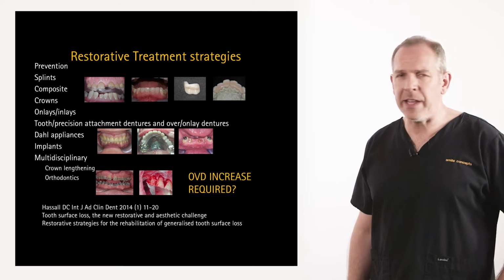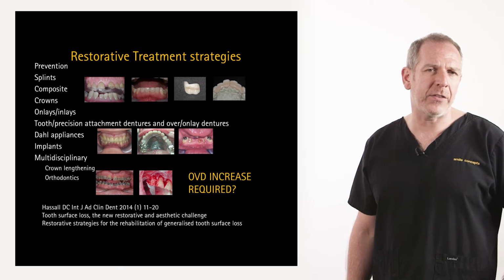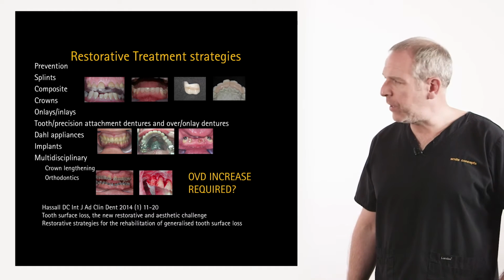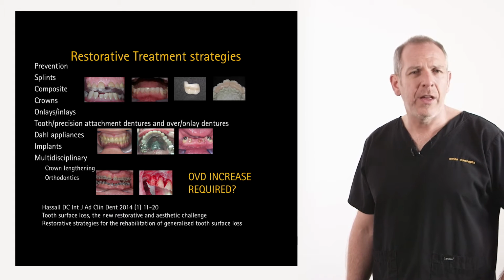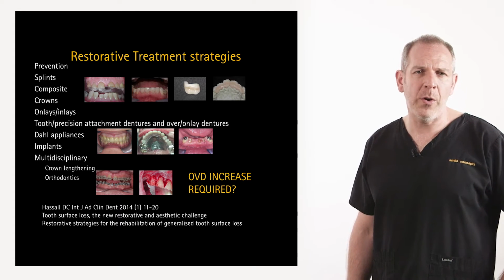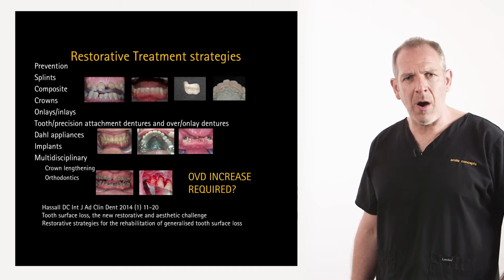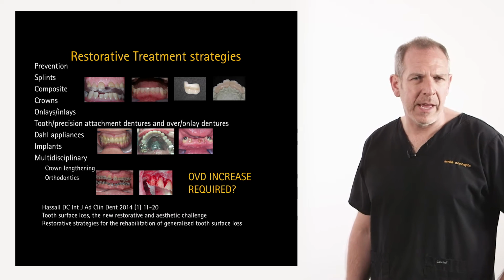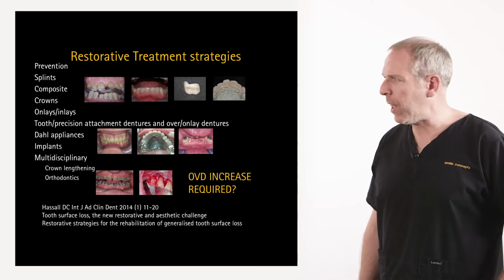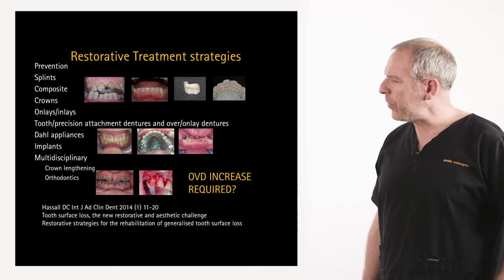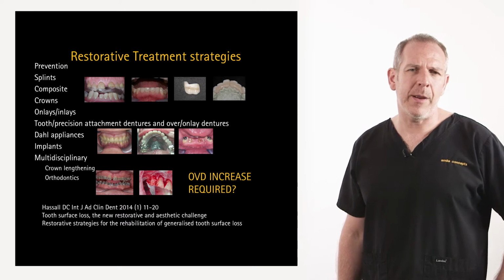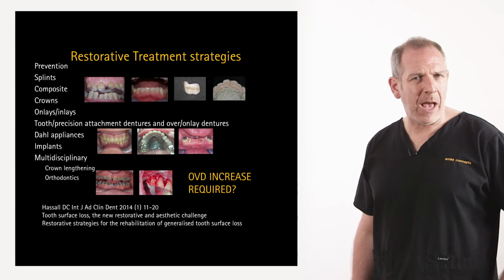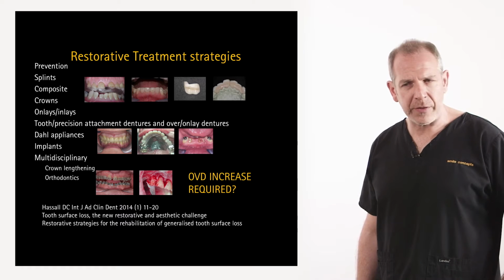And then if there's missing teeth, we may also be considering factors such as dental implants, particularly to increase the number of occluding units and so providing posterior support. And also in terms of implants, not only can they do this, they can also be for cosmetic reasons as well. And we also need to consider a multidisciplinary approach. You can see that there are a number of techniques that we need to master to be able to effectively treat tooth surface loss.